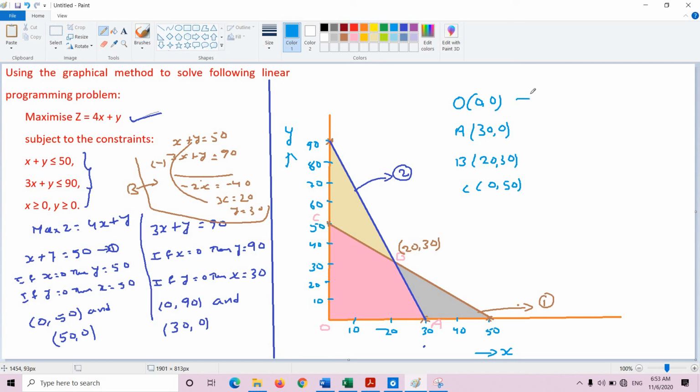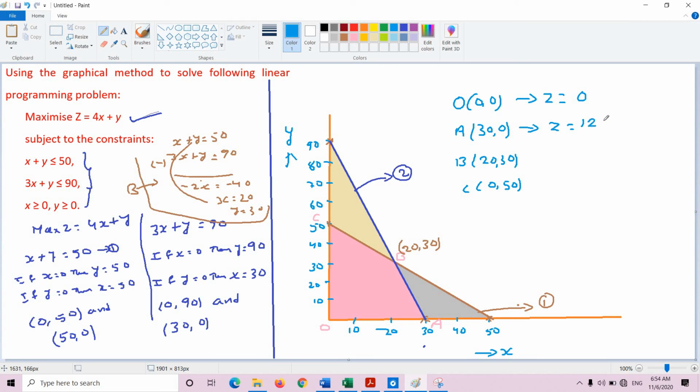Now come to the objective function, z equal to 4x plus y. At x equal to 0 and y equal to 0, the z value will become 0. Now the z value at point A is 4 into 30 plus 0, that is 4 threes are 12, that means 120.